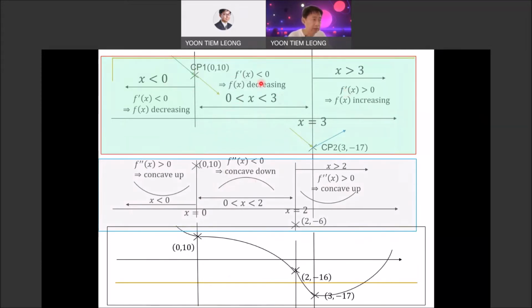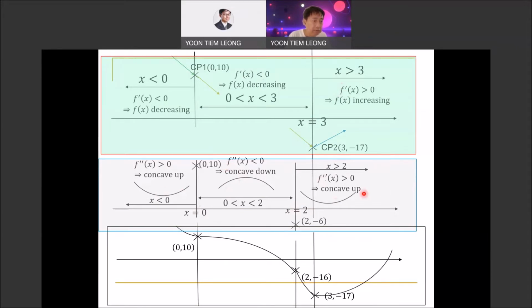Whereas this graph, which tells you the concavity, is divided into three regions as well, but the regions are separated by x equals 0 and x equals 2 instead of being separated by x equals 3. Now, x equals 3 separates the regions based on the sign of the derivative, whereas x equals 2 separates the regions based on the sign of f prime prime, right? So these are the concavity.